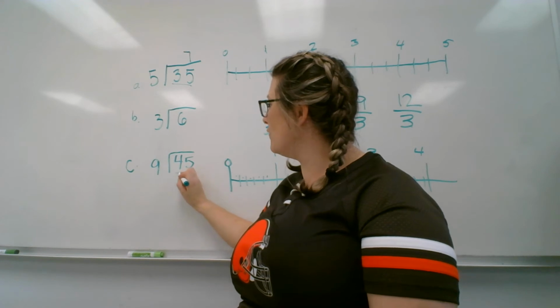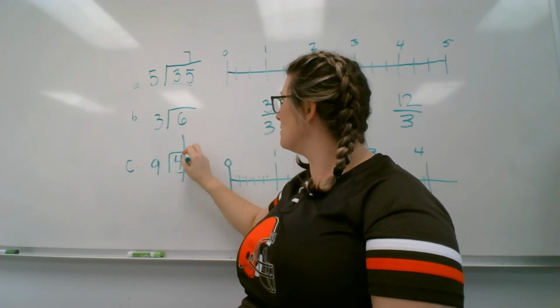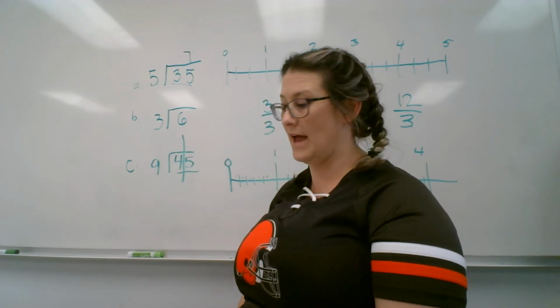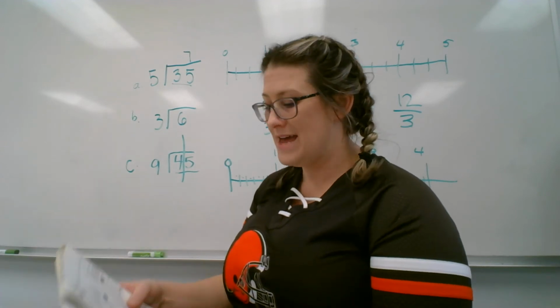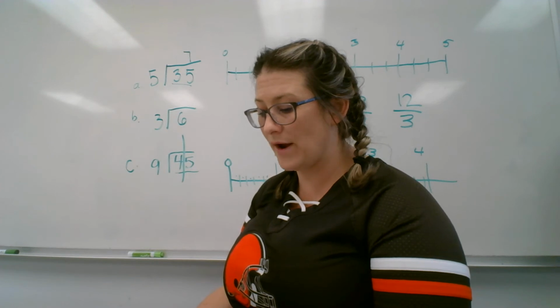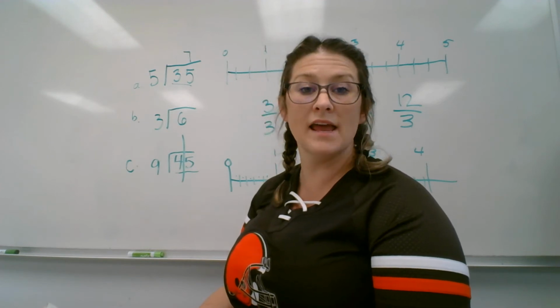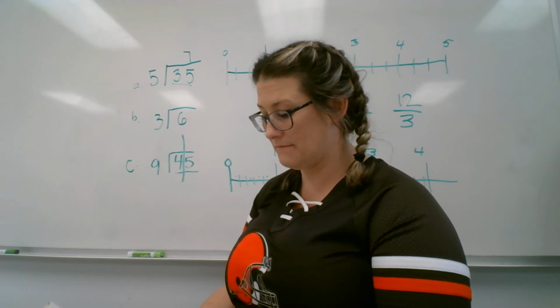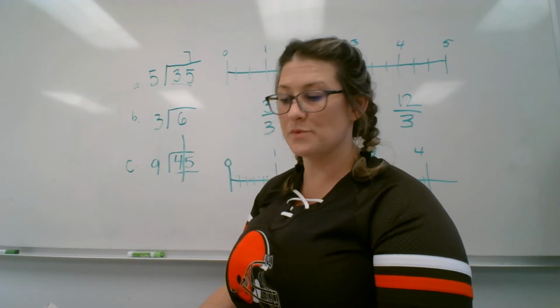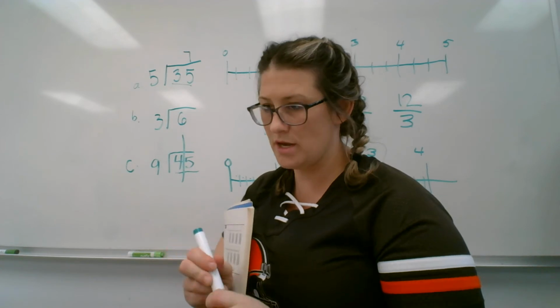It doesn't just go into 4, it goes into 45, so your number better be over the 45. Okay? I want you to solve that. And D, I want you to go ahead and write D as a division problem on your own. Okay? When you are finished, we're going to jump over to part 3.